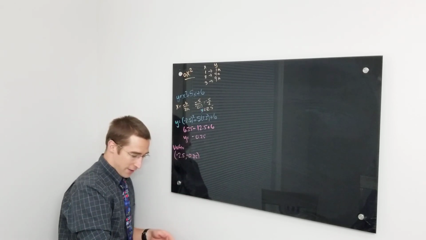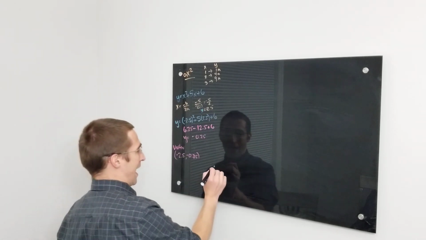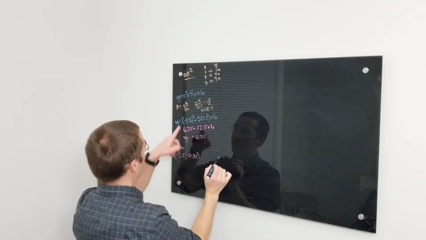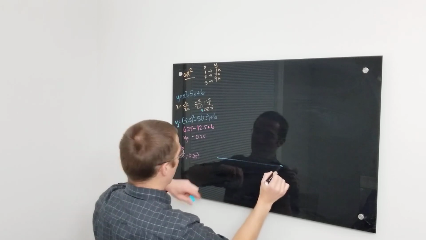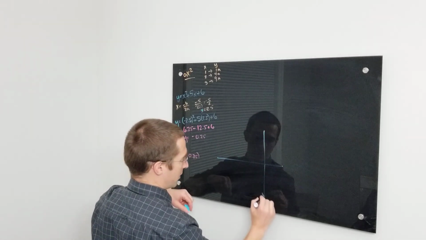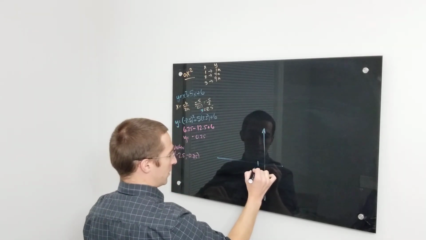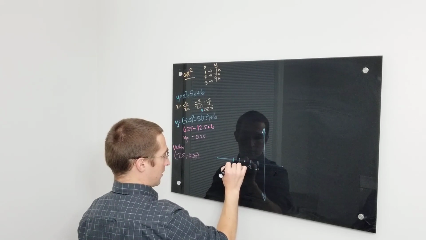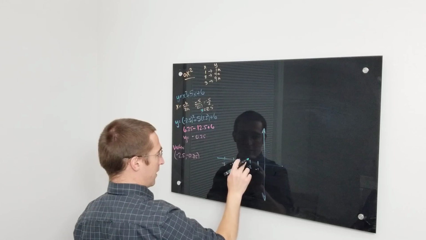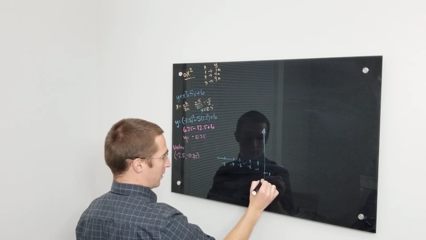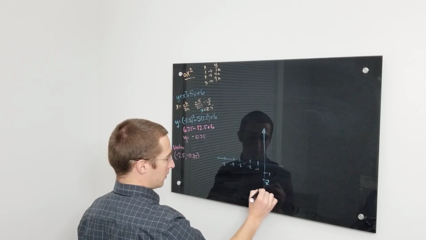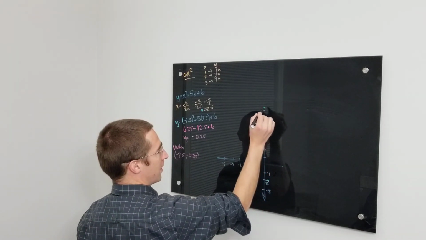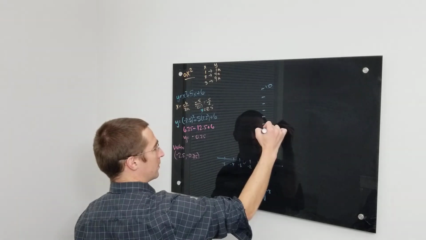So when I graph this, what's going to happen, my x number is negative 2.5, so I'm going to go here. So negative 1, negative 2, negative 3, negative 4, negative 5, and 1, 2, 3, 4, 5, 6, 7, 8, 9, 10, all the way up.